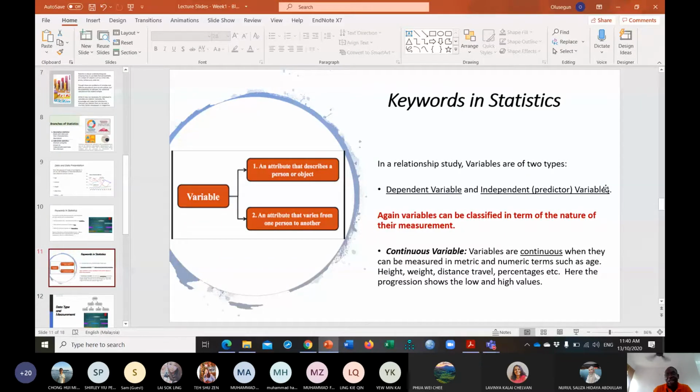So we are saying age is now depending on diet. So age is now a dependent variable, while diet is now a predictor, because what you eat determines your age. So it is the diet that is determining your age. So diet can predict age. So this is the simplest way of explaining dependent and independent variables.